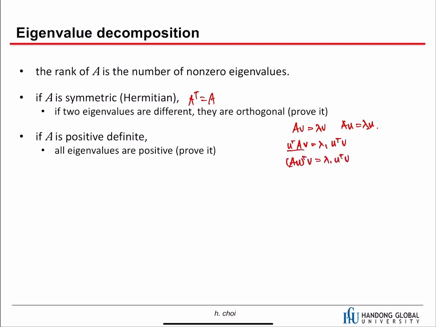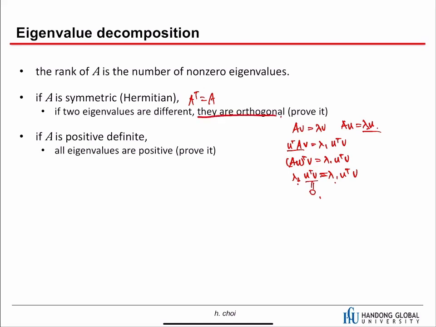Okay. And A U is lambda 2 U, so it's lambda 2 times U transpose V is lambda 1 U transpose V. Okay, lambda 1 and lambda 2 are different, so to make this equality hold, U transpose V should be 0, which means U and V are orthogonal.